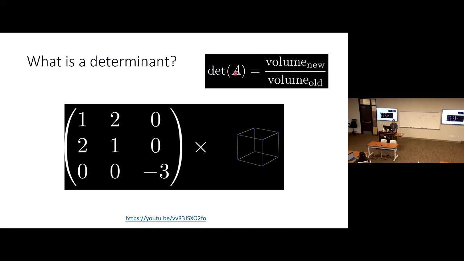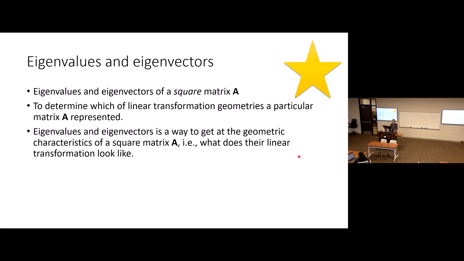This operation, that A is also considered as an operation, so it is the new volume divided by the old. After you transform, how does the volume change? This is the determinant.